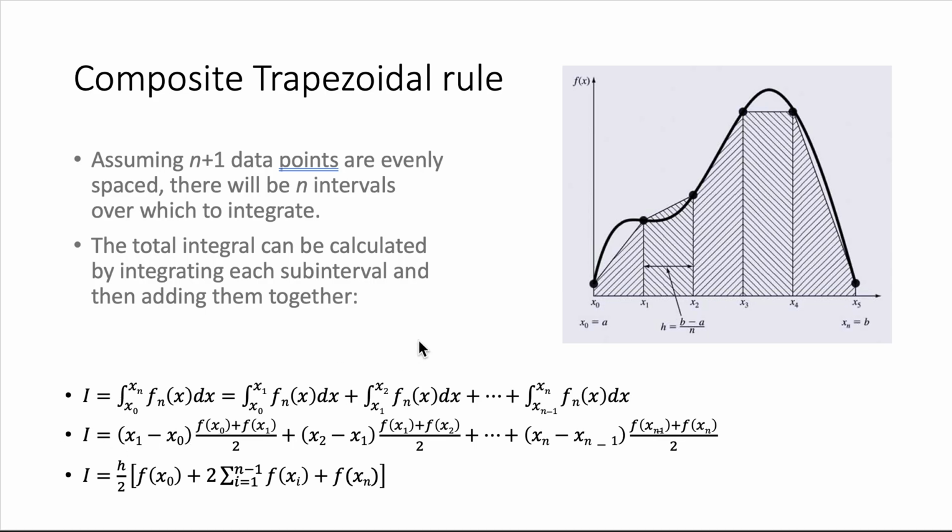So let's say we have an integral here from a to b, but we distribute 5 equidistant points, or in this case 6, because you count the initial point as well. We then estimate the integral from a to b, which is x0 to xn, as the sum of the integral estimates from each region.